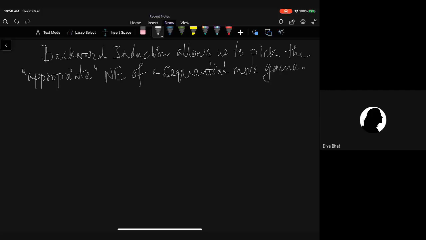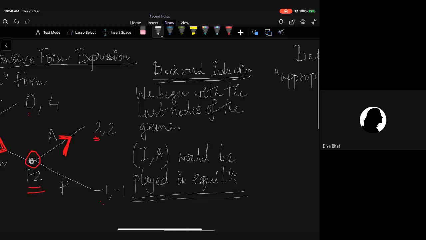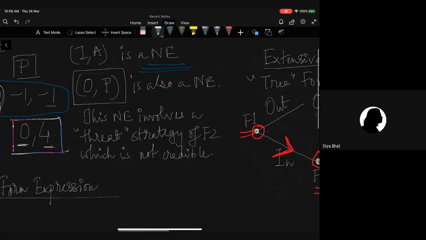This is a subset of Nash equilibria which satisfy backward induction. So IA is a subset of the set of Nash equilibria of the game that we have analyzed. This game has two Nash equilibria, IA and OP.